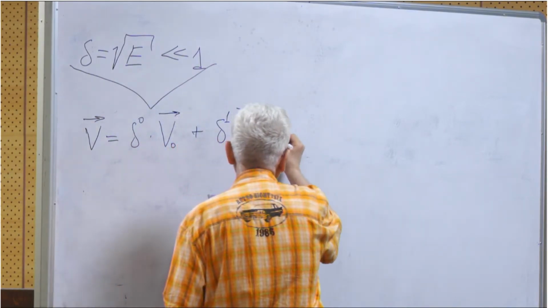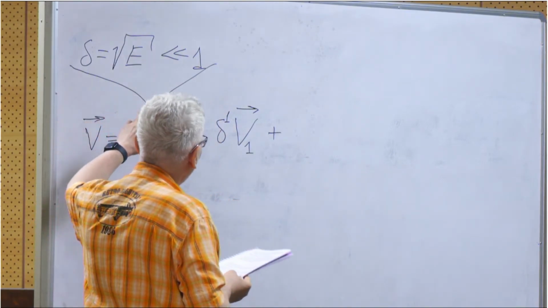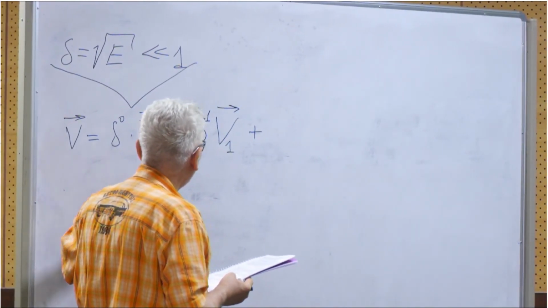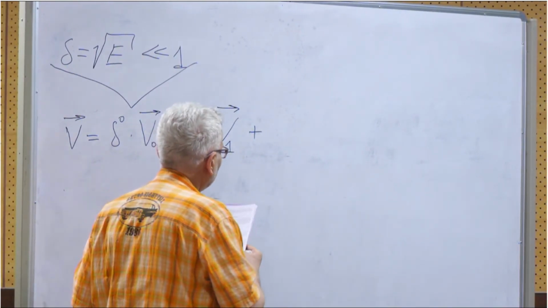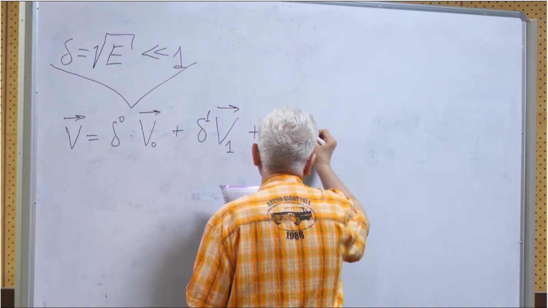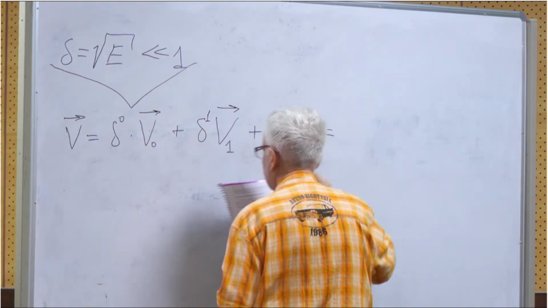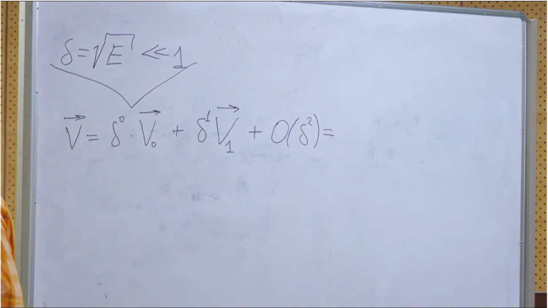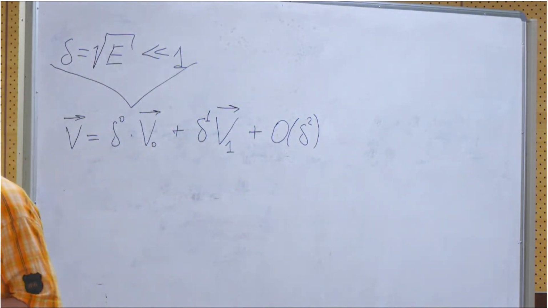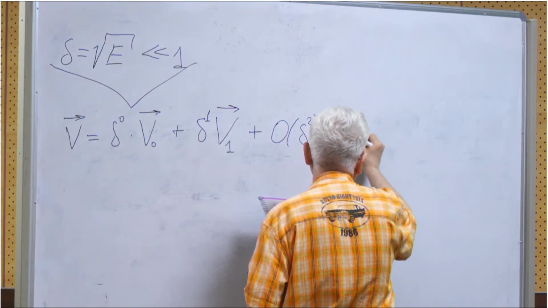And of course, there are other terms, but as I told you, if the Ekman number for real, reverse molecular value, is 10 to minus 15, then we could very freely neglect the terms of order delta squared, which is in order of magnitude the same as the Ekman number.